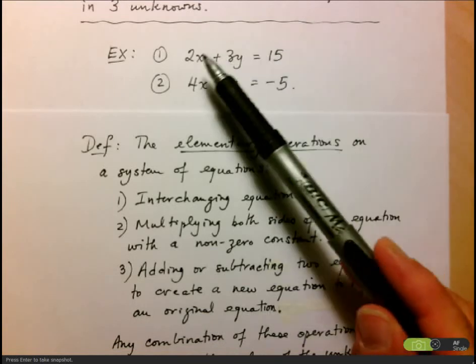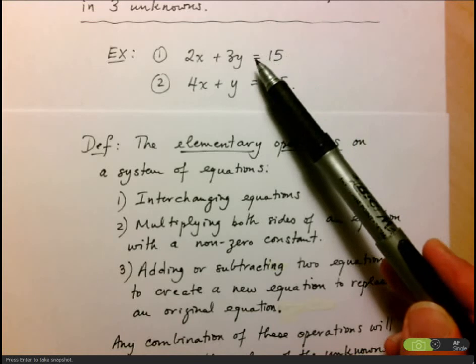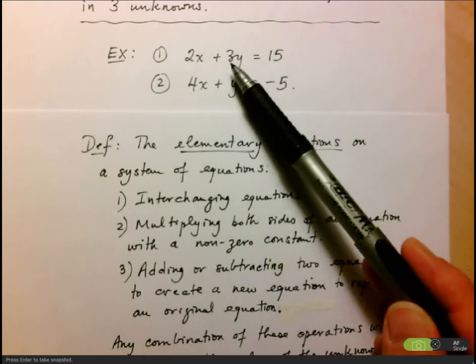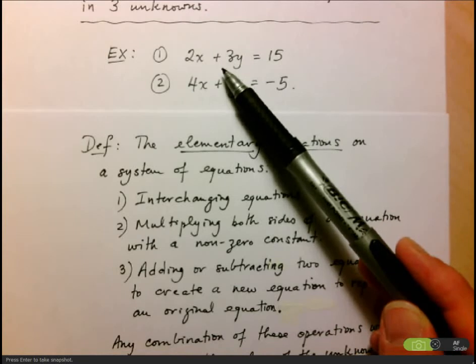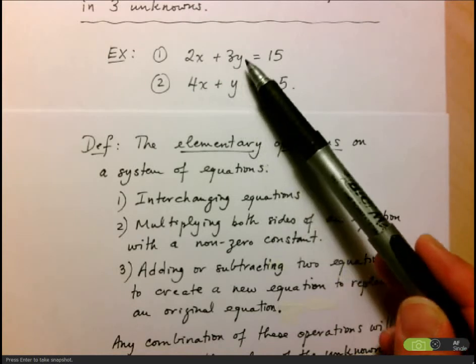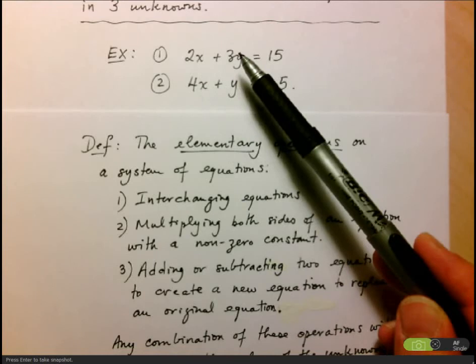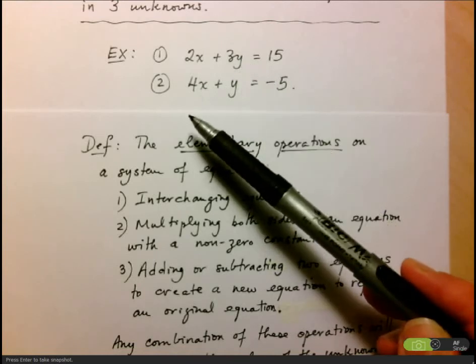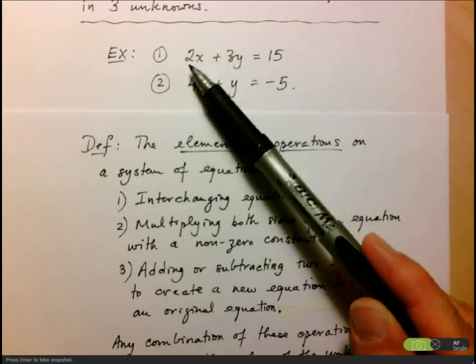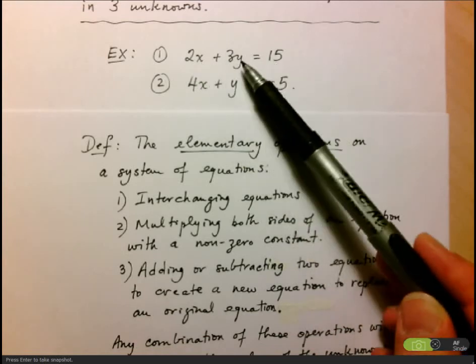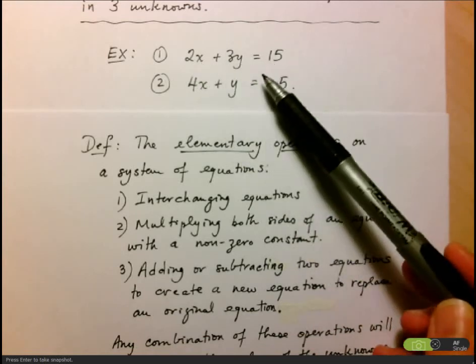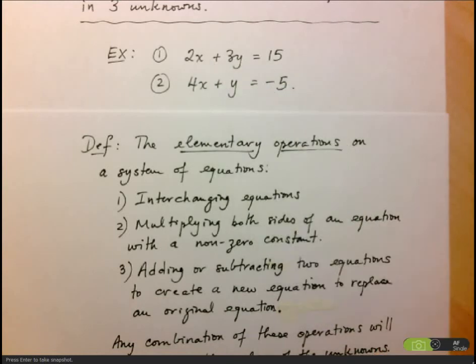If I take equation 1 and multiply it by 2, I'll get a new equation that's equivalent, and that won't change the answer to the system if I use that new equation instead of the original one. So if I use 4x plus 6y equals 30 instead of 2x plus 3y equals 15, it does not affect the solution to the system.